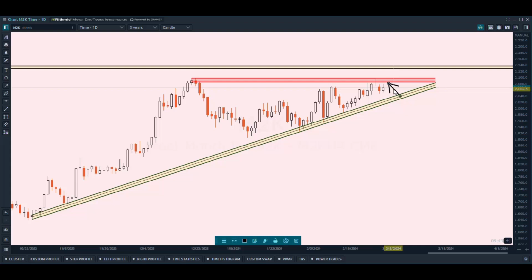But if you were to look at a textbook way to do this, generally you'll want to wait for a breakout, a close above, a pullback, and then that presents a much better risk to reward versus just buying the breakout. A lot of the time, the default assumption on any breakout is that you're going to retest where you broke out from. So waiting for that pullback and that retest, also known as an SR flip, a support resistance flip, is something that can really help your risk to reward ratio when you are buying breakouts.